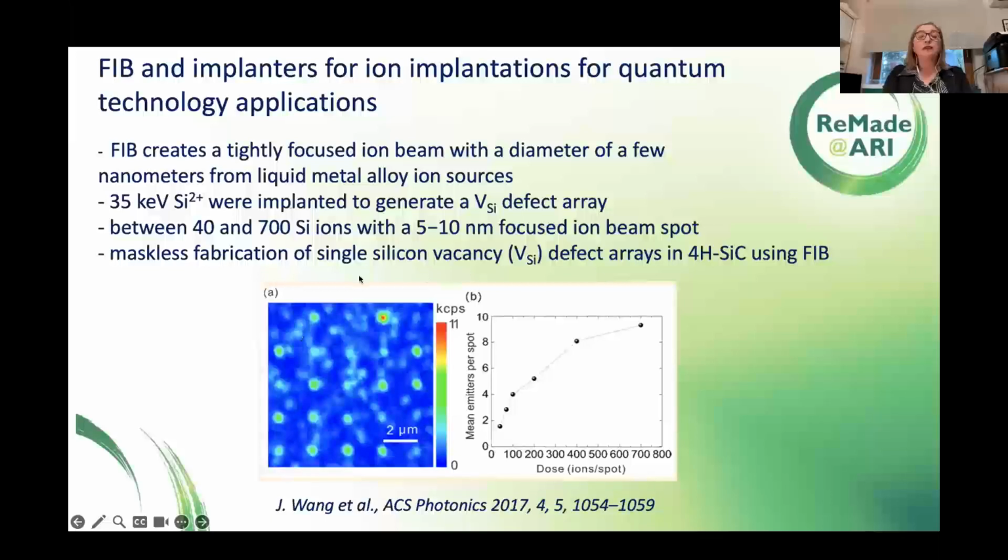You don't need to do mask. You can really put these ions in the positions which you want, with a 5 to 10 nanometer precision. And you can repeat it many times, so you can put many ions. So the response to emit light depends on the number of silicon ions you put on one place. So you can get higher light signal, and that's important.